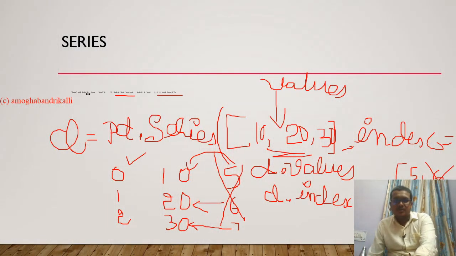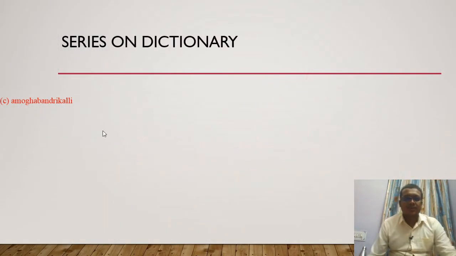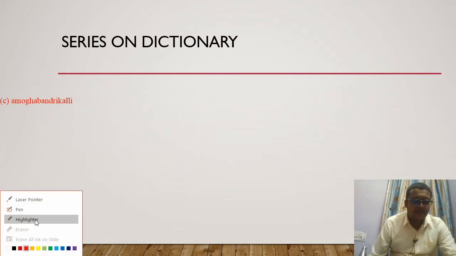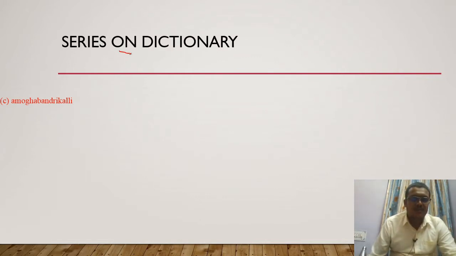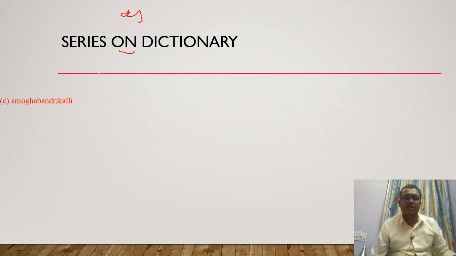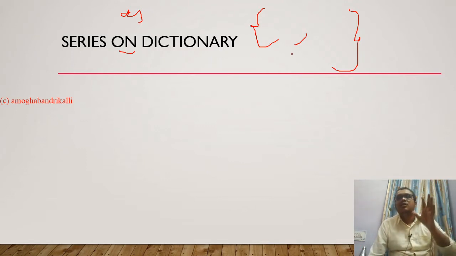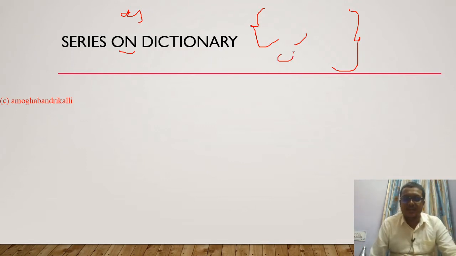So next comes series and dictionary. How does a series work as a dictionary? You already know a dictionary is enclosed in curly brackets, and you can have many data types like characters and numbers.